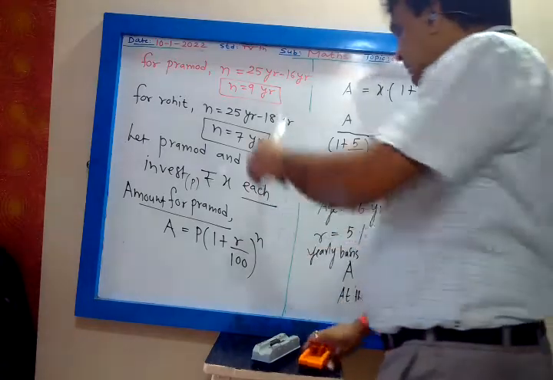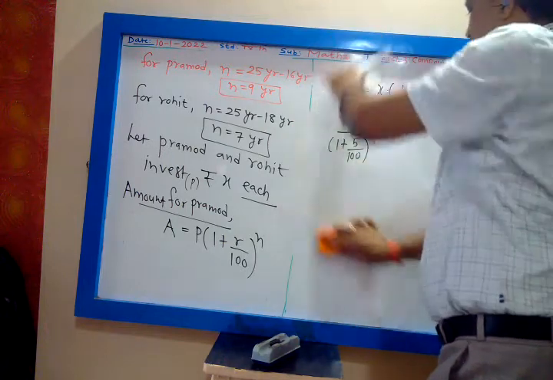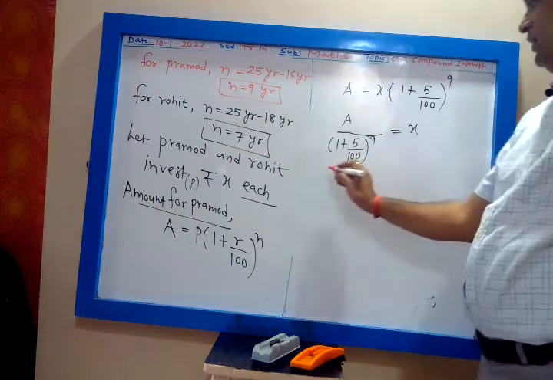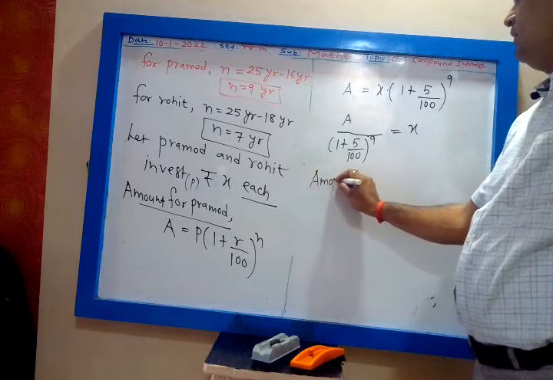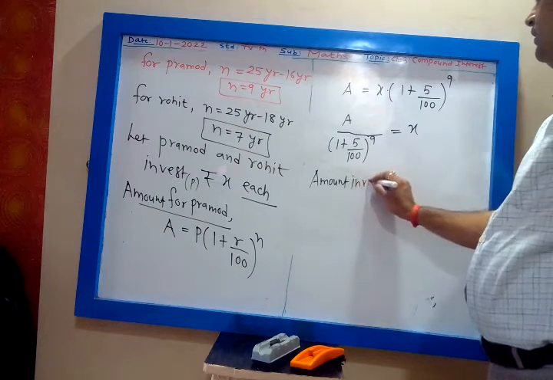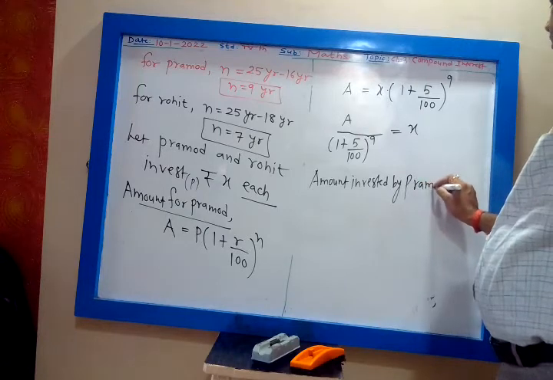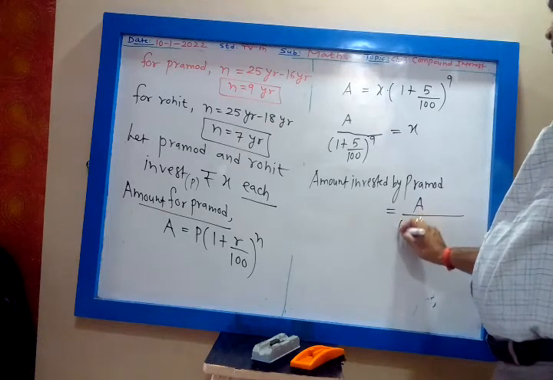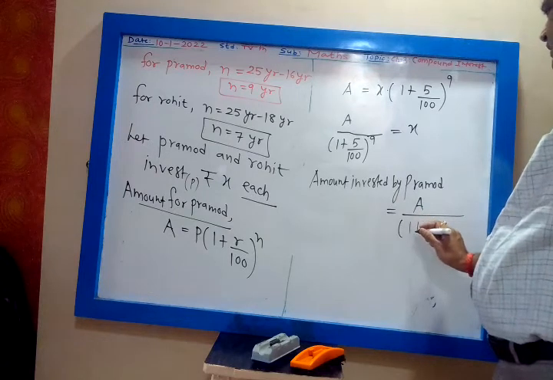And what is this X? This is the amount invested by Pramod. Substitution: the amount invested by Pramod is A upon (1 plus 5 upon 100) raised to 9.